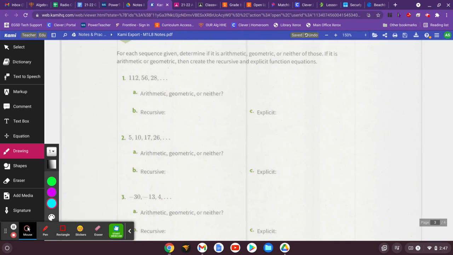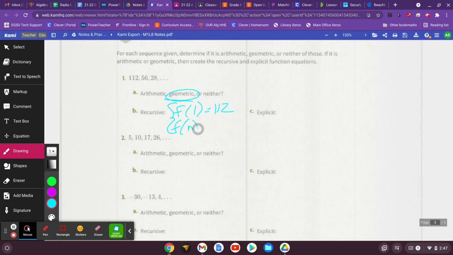All right. Our retrieval, let's just make sure we know what we're doing to remember my patterns here. All right, so 112 to 56 to 28. Well, I know that's half of that. So is 56 half of 112? Yep, those are all half, so that would be geometric. So my thing would be f of 1 is 112.